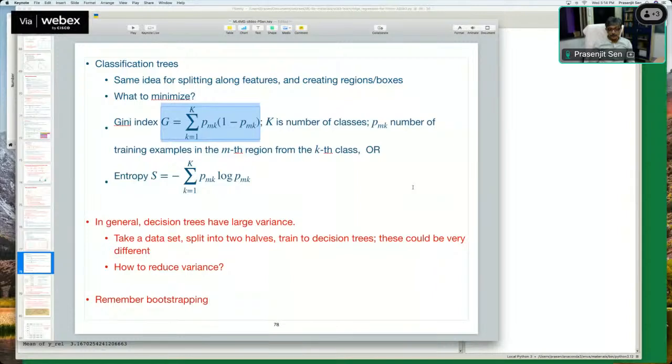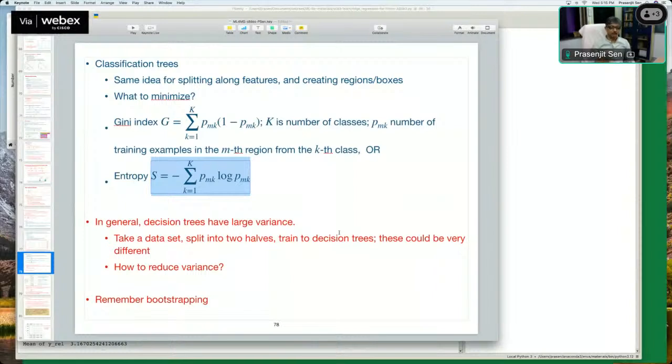I have up to capital K classes. Then you construct p_mk times (1 minus p_mk), and you sum over all the classes. That's your Gini index, and you try to minimize that Gini index. Or you can try to minimize the entropy, which is a very similar measure actually. Otherwise, the idea is the same.